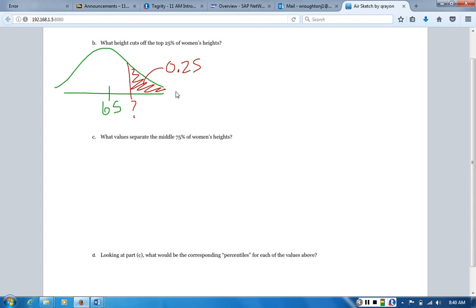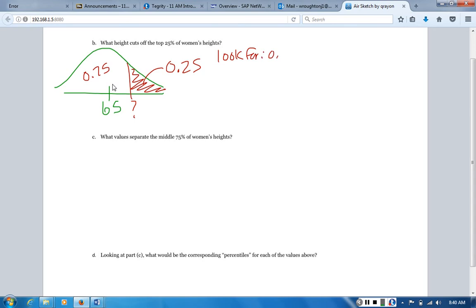Now the next step tells me to go to my question mark and ask myself how much is to the left of that question mark. Well, there's 25% to the right of it, so how much is actually to the left of it? Right, so there's got to be 75% there, so that's the number I'm going to go to the table looking for.